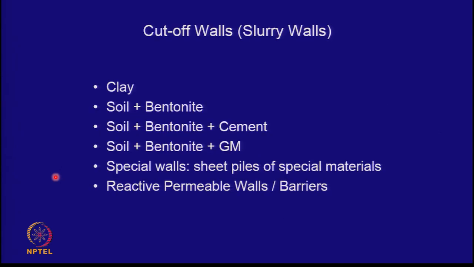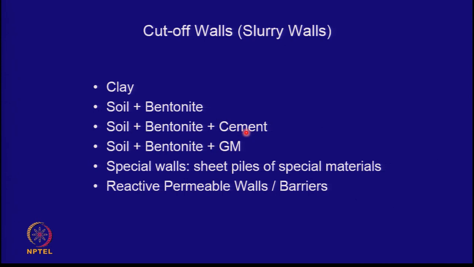When you are starting to make cut-off walls, which they call slurry walls, the wall can be made of clay. If clay is available locally or nearby, it will be made of clay. If it is not available, then you come back to what we were doing for amended soil barriers, soil plus bentonite, or it may be made of soil plus bentonite plus cement.